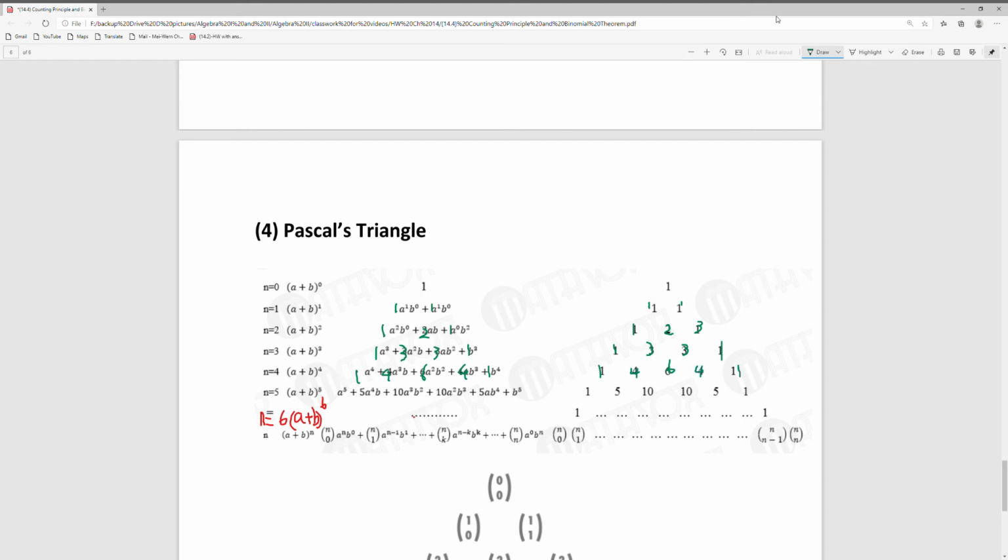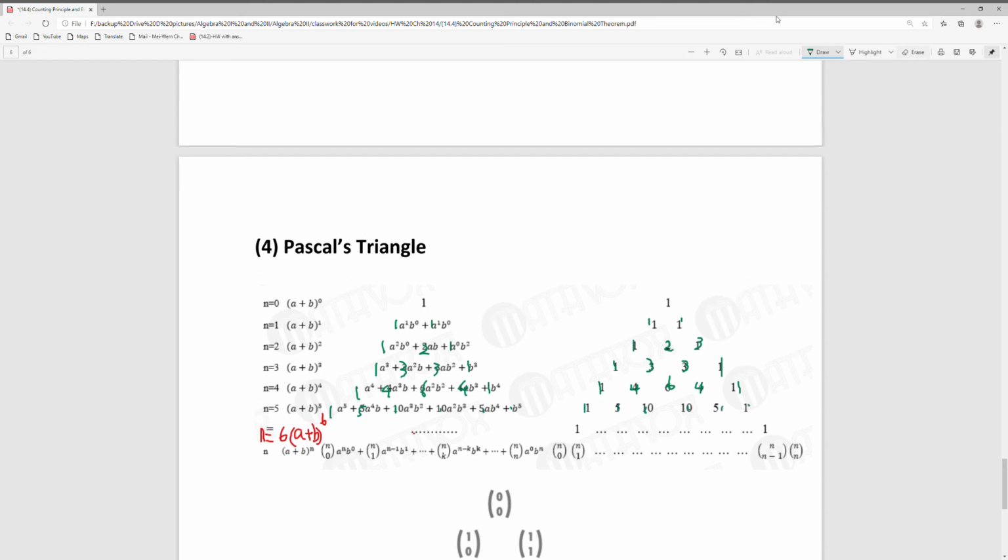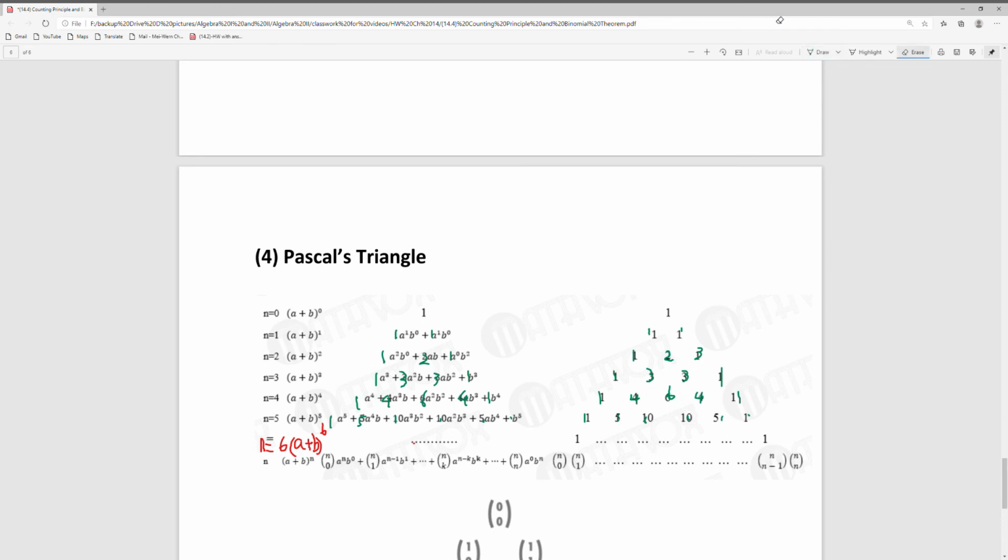Why are we doing that? 1, 5, 10, 10, 5, 1. Okay, so let me erase all the extra markers here and show you why mathematicians did that and what they discovered.